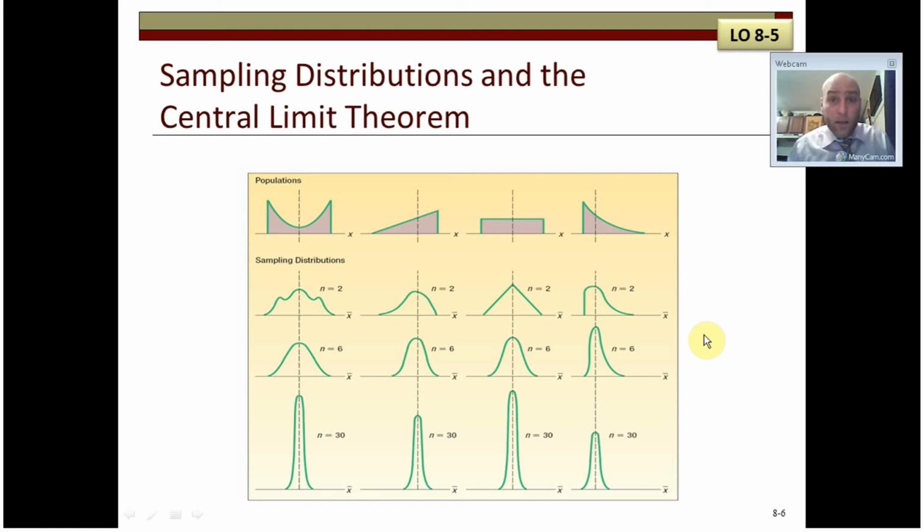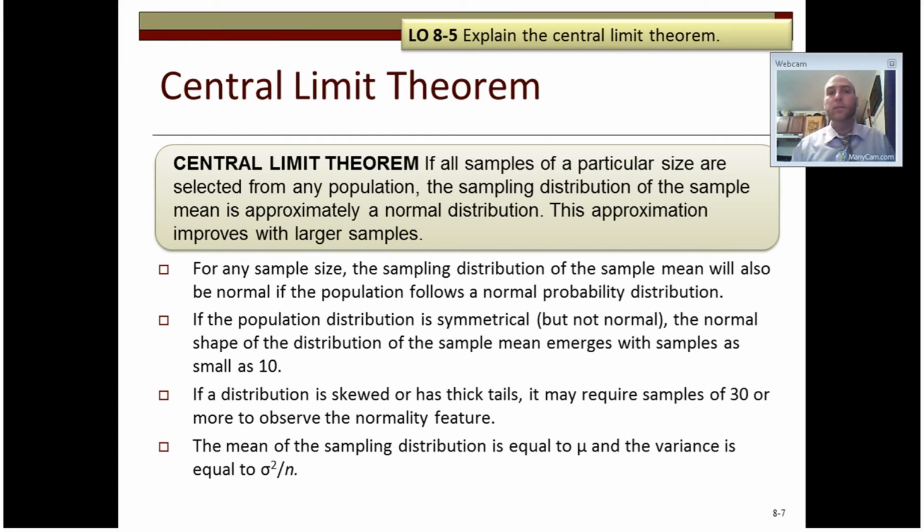Even these, sample size of 6, and they already start looking normal. But for a symmetrical but not normal shape, it could have other wavy things going on. It could have many, many modes or something like that. Whatever. If it's symmetrical, sample size as small as 10 will create a sampling distribution of sample means that's, or sorry, that's normal, approximates normal.